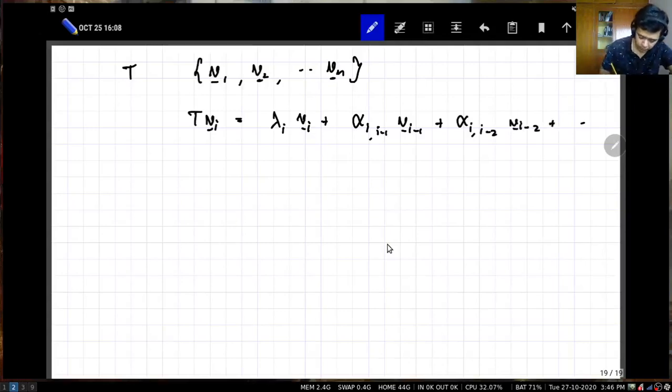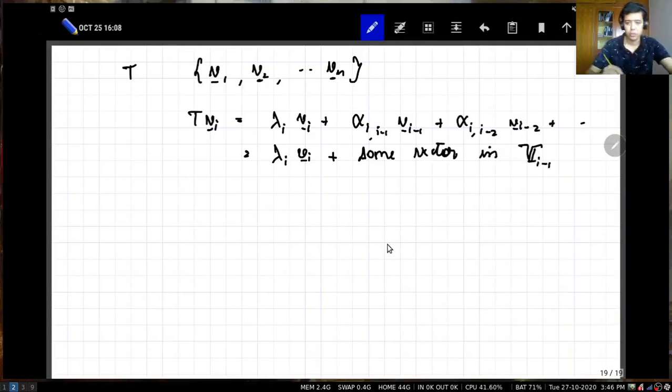So basically what we have is that T times Vi is lambda i times Vi plus some vector in the subspace script Vi minus 1, right?